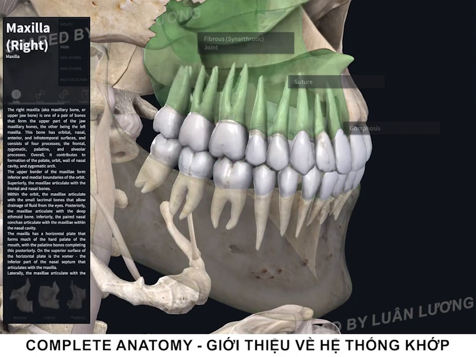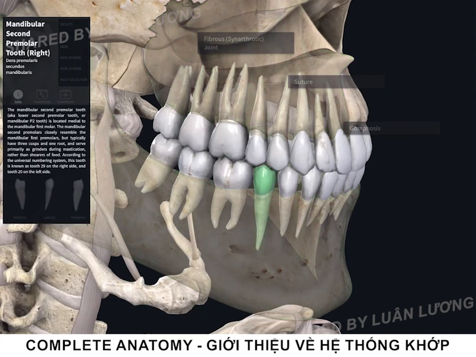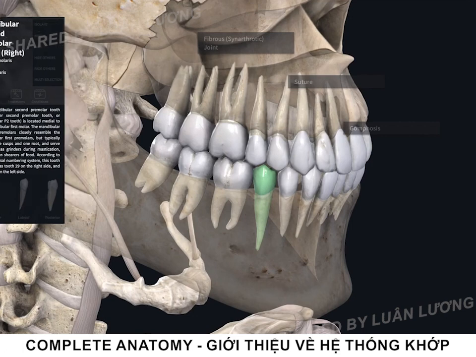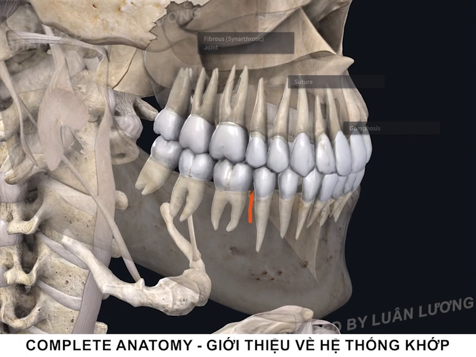And what we will see is that each individual tooth is going to have its own socket. So if we were to draw using our 3D pen tool, we can draw the outline and basic shape of one of these sockets. And what we'll see is that the socket is going to extend down into the surrounding skeletal structures of the mandible or the maxilla.